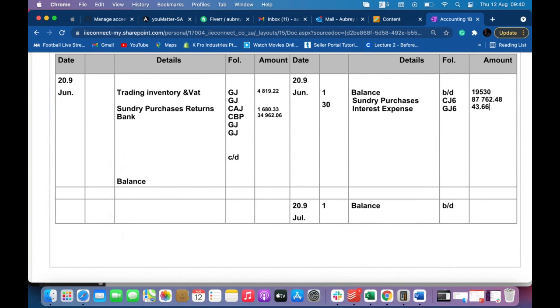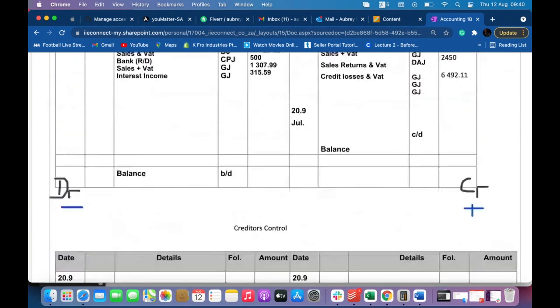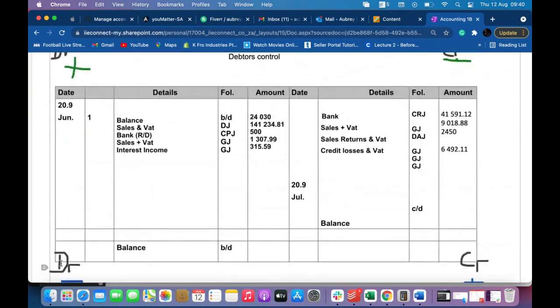So if we go up to the debtors, we're saying there was a transfer of a credit balance in the debtors to the creditors' ledger. It's a credit balance in the debtors' ledger, which means to remove it, to transfer it, we need to do a debit entry.